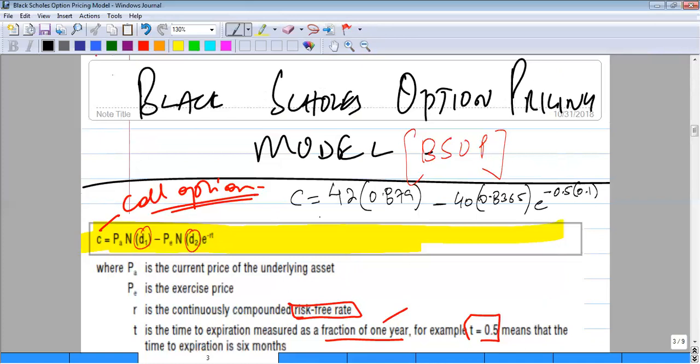We end up getting the value of the call option as $10.